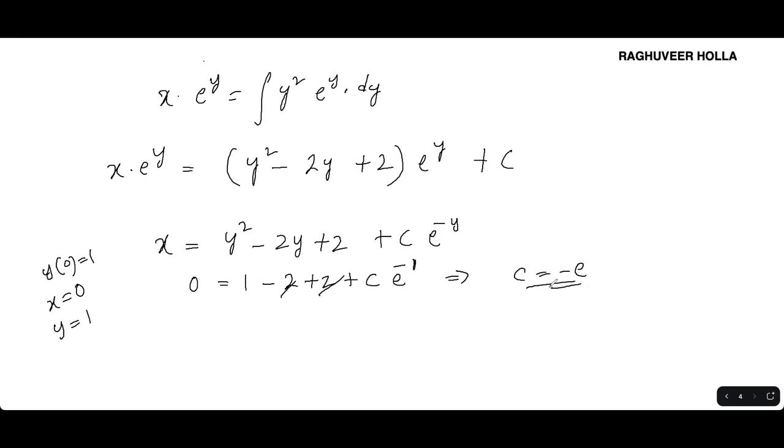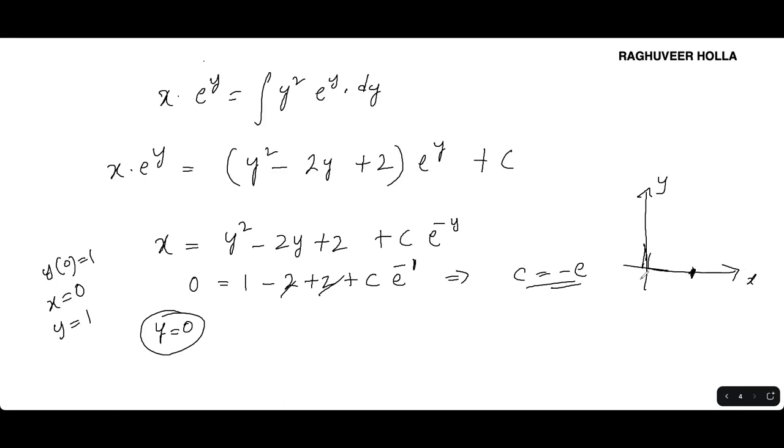We got c. Now, in the question, it was asked that the curve intersects the x-axis. So when you say that on the x-axis, y will be 0 in the curve which is intersecting the x-axis. So if I draw a real line, here x and y coordinates, it intersects somewhere here.